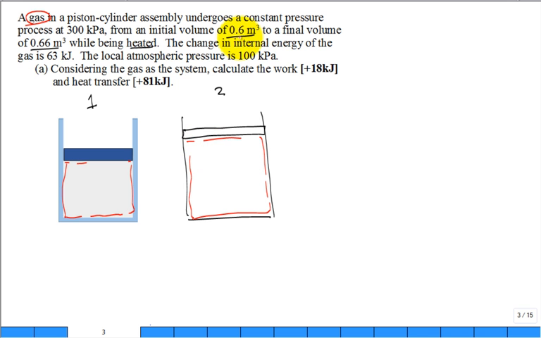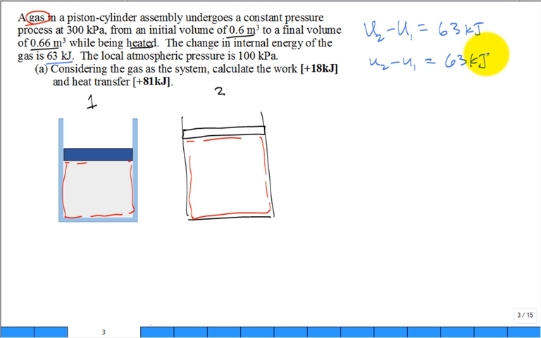All right. The change in the internal energy of the gas is 63 kilojoules. What information did they just give us in that statement right there, that's 63 kilojoules? Did they give us that capital U2 minus U1 is equal to 63 kilojoules, or lowercase u2 minus lowercase u1 is 63 kilojoules? What did they give us? The first one, right.